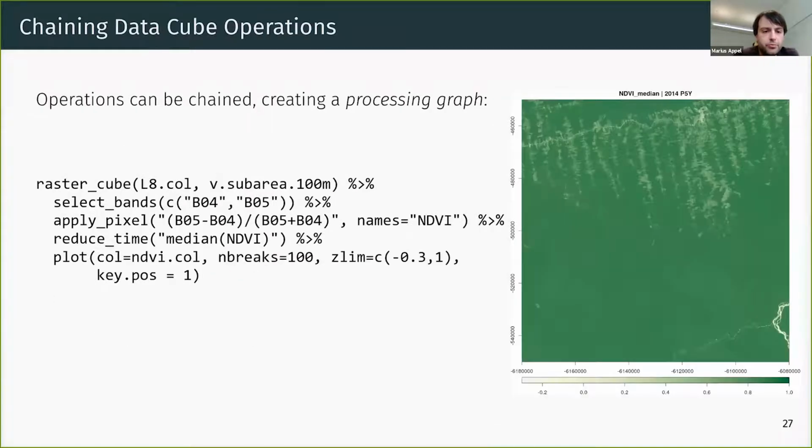Some of the operations, as you see here in the apply pixel function, expect functions as strings. The reason for that is that these expressions directly translate to expressions in C++, so they are built in and can be compiled in the built-in C++ library. But in many cases, you want to define more complex operations, and that can be done by providing user-defined R functions as well.